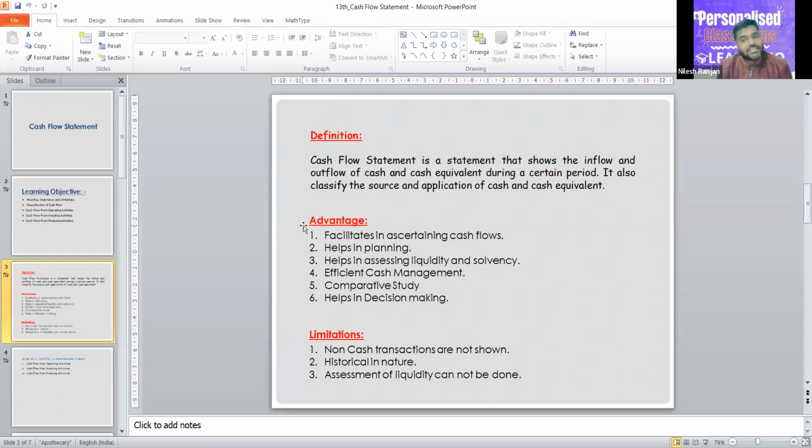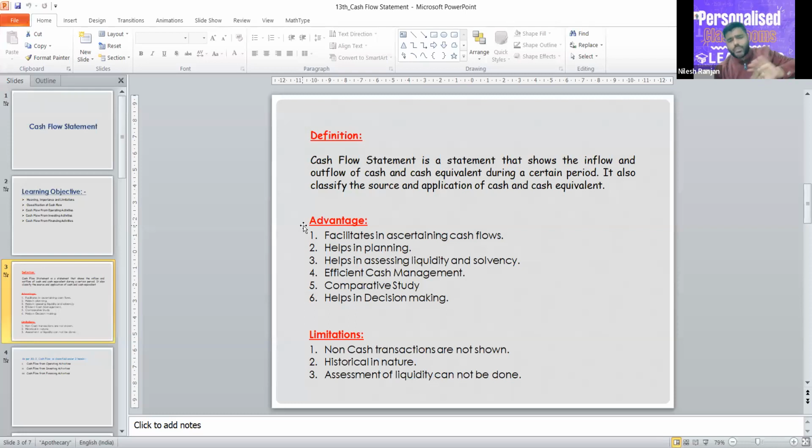Why is it saying this? Because the cash flow statement is a combination of all the cash inflows and outflows during the year, not only the short-term items. It is a combination of all the cash transactions. That's why it says that assessment of liquidity cannot be done.